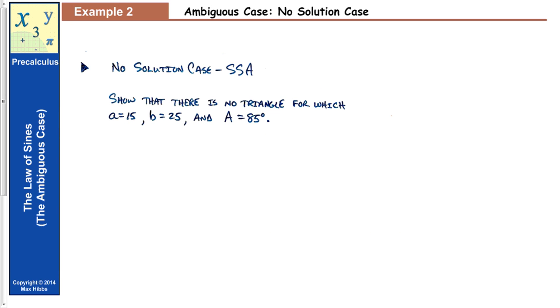Now, let me remind you that when we're doing this work, it's not going to say, show that there is no triangle for which this is true. And so we're not going to know in advance what result to expect.